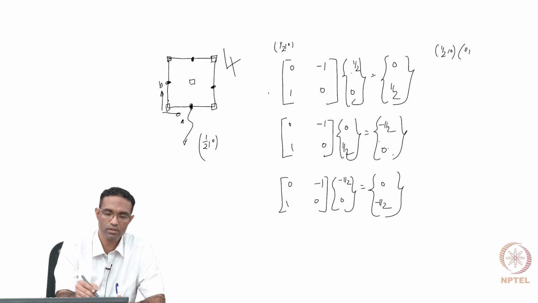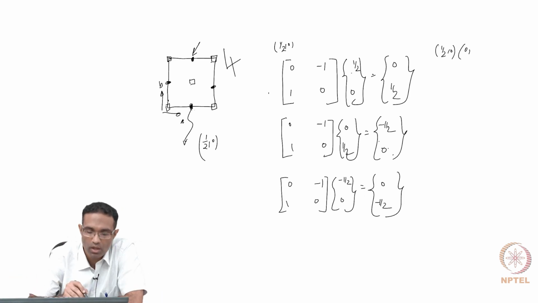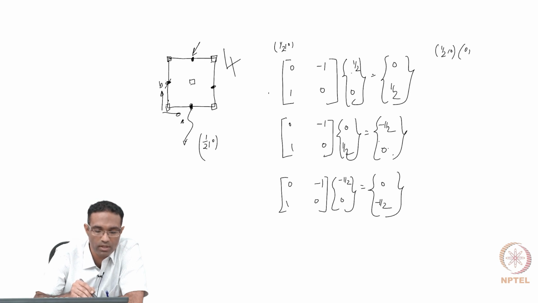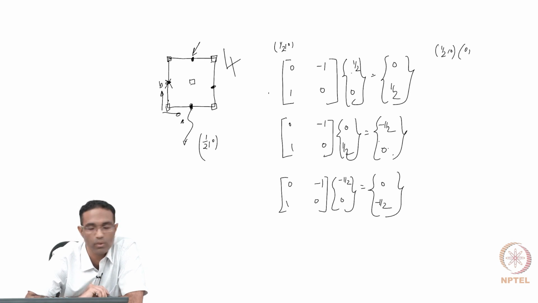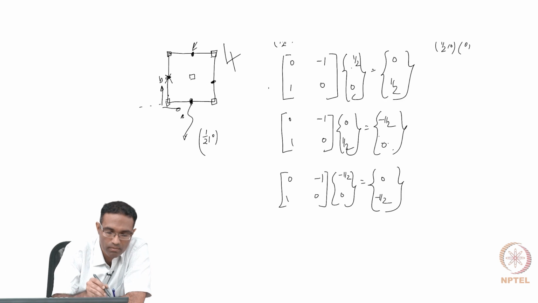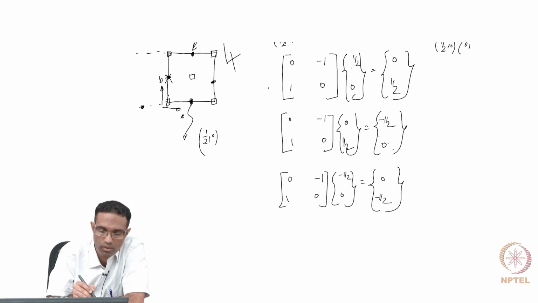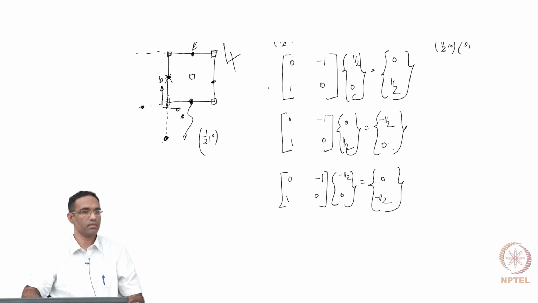With respect to this unit cell right here, where are the other points located? Half comma 0 was located here, 0 comma half is located right here, x equal to 0 and y equal to half. Then x is minus half and y is 0, located right here, and x equal to 0 and y equal to minus half is located here.